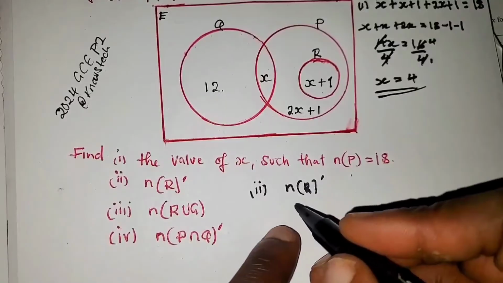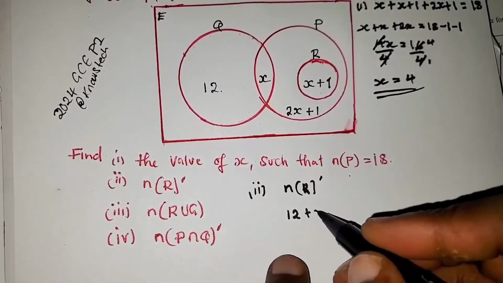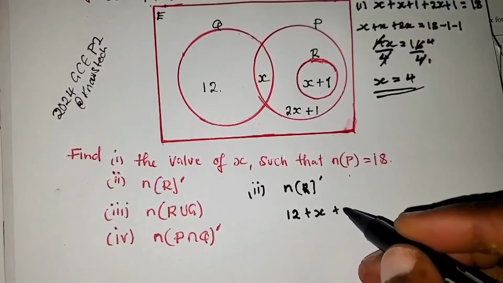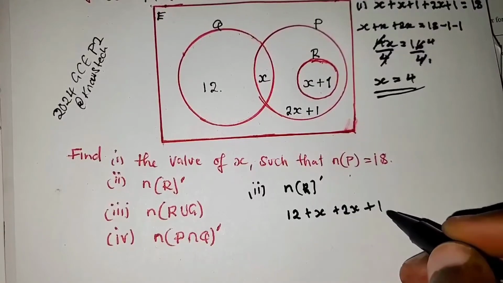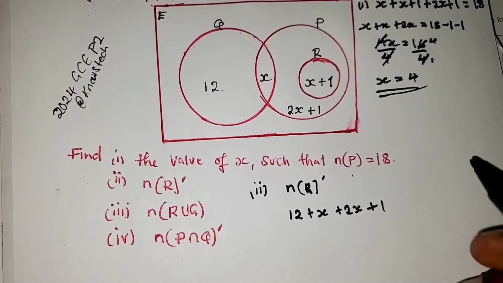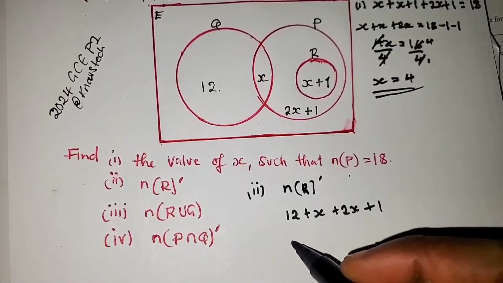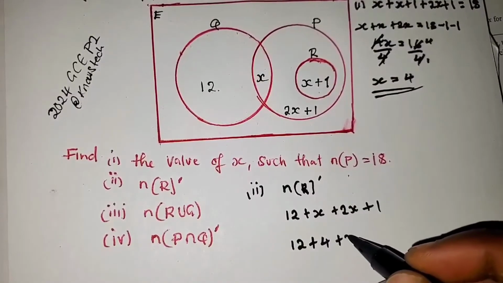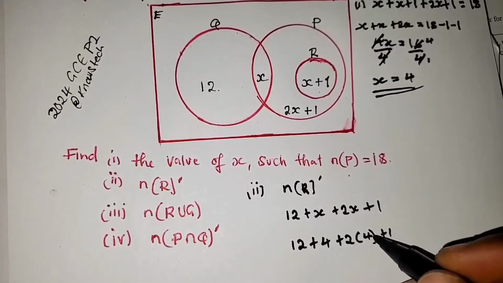So what is outside R? We have 12 plus x plus 2x plus 1 plus 1. Since we've already found the value of x, we can substitute with 4. So 12 plus 4 plus 2 times 4 plus 1, plus 1.